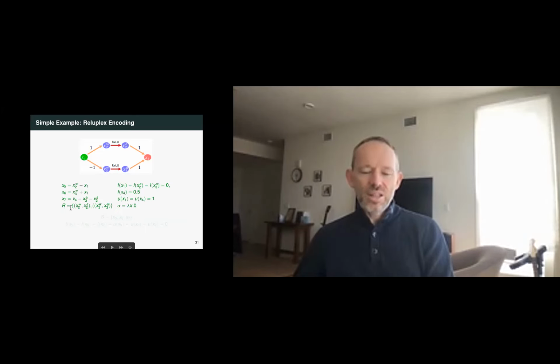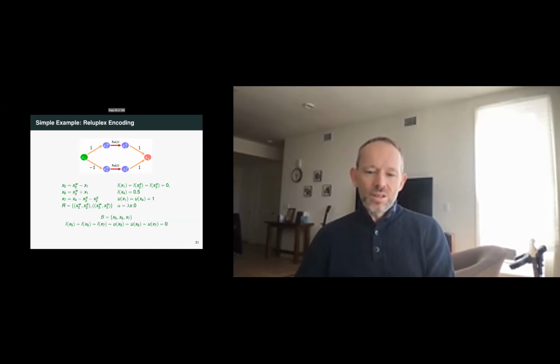But then we also add these ReLU constraints that say, okay, there's a ReLU on x2w and x2a, and x3w and x3a. And we start with the assignment where everything's 0. So our basic variables here are this x5, x6, x7 that we introduce. And then our lower and upper bounds are given here. And the lower bound and upper bounds on the basic variables are all 0.